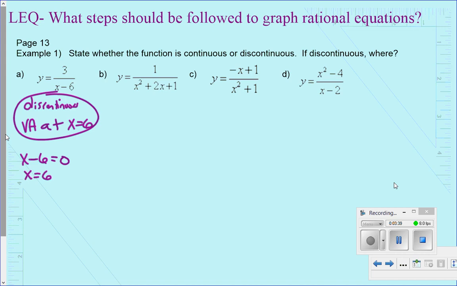So what you want to do for each one of these is factor if you can and simplify if you can first. Then you set the denominator equal to 0 and solve. For this b, by the way, we didn't do that in a because it didn't factor and didn't simplify, so we just went right to setting the denominator equal to 0. So b, I can factor that.